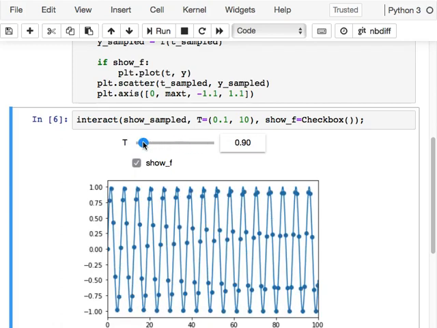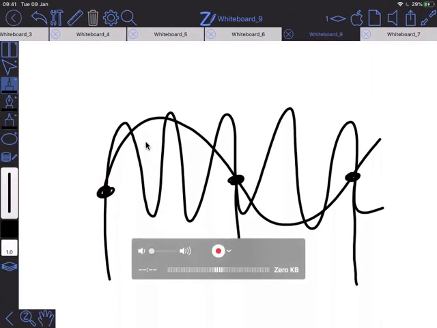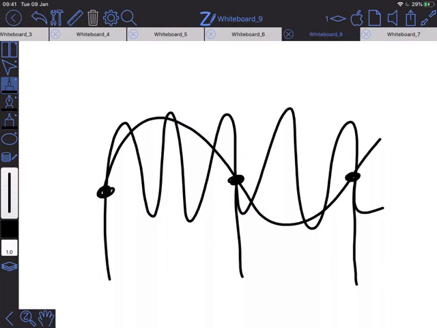And really what we're telling each other is that if we want to be able to sample or reproduce a particular sinusoid, the rule is that I need at least 3 dots on a full period of the sinusoid. Actually, it's posed with a less than, not a less than or equal. So I need a little bit more. That middle dot there actually can't be 100% in the middle.